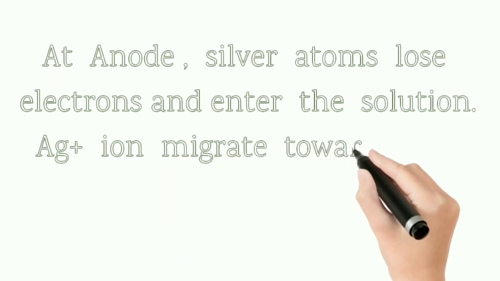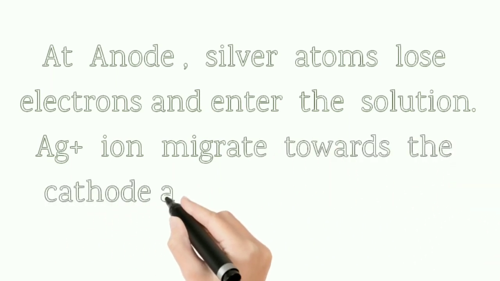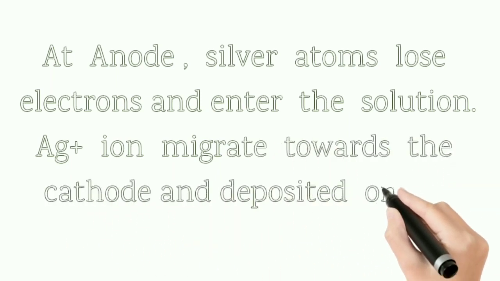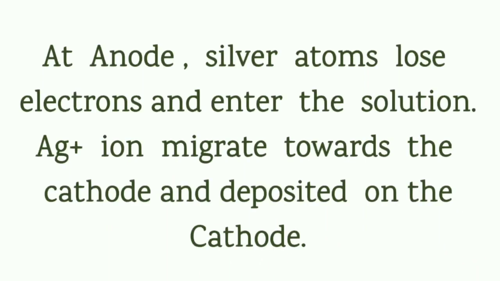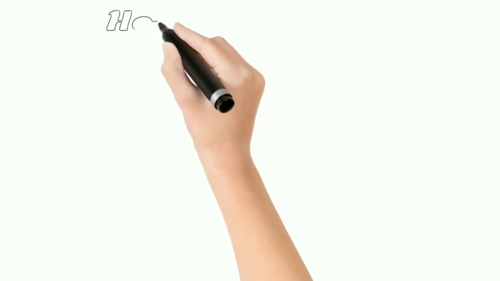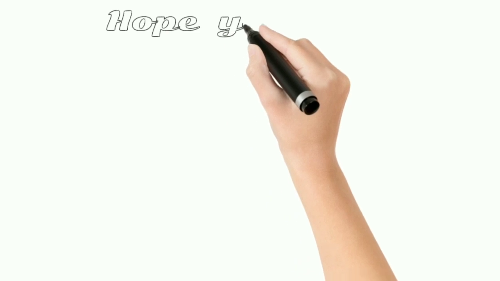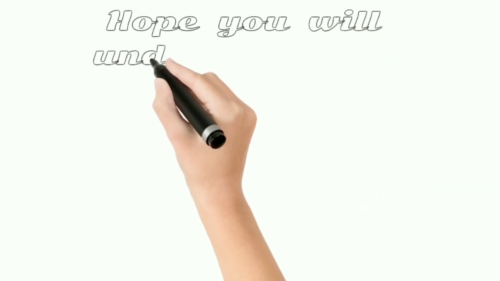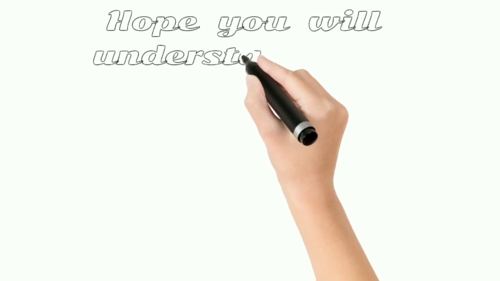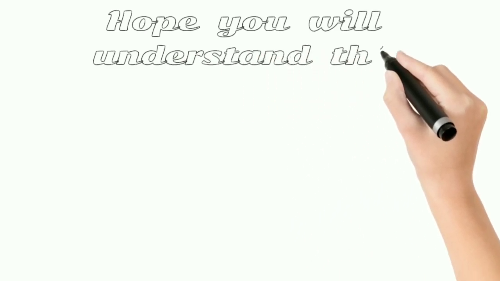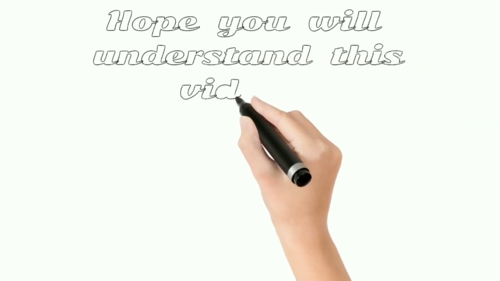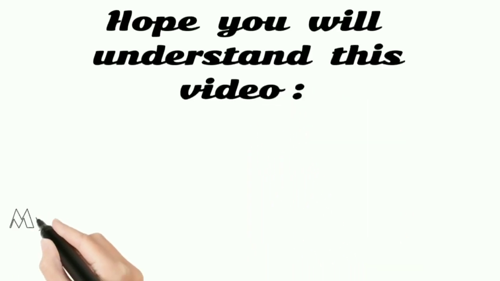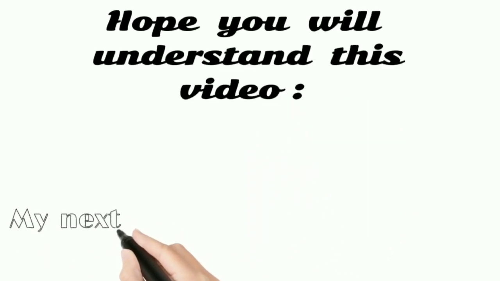So the positively charged silver cation migrates towards the cathode and gets discharged by gaining electrons and deposits on the cathode. Finally, we will get pure silver at the cathode. Hope you understand this video: electrolytic refining of copper and silver.